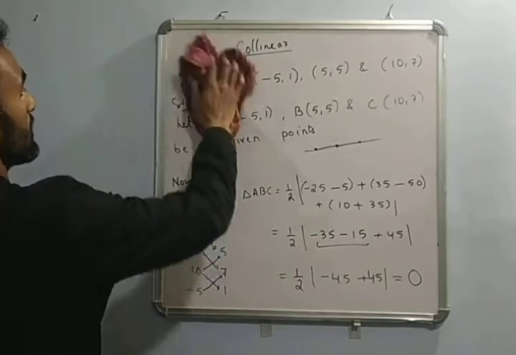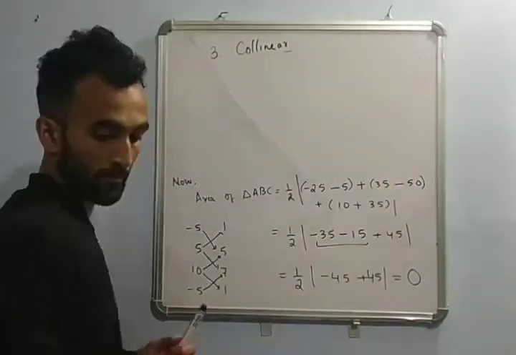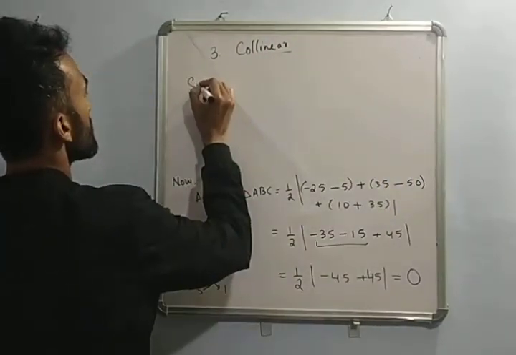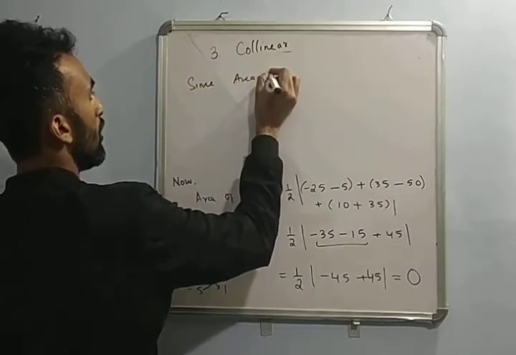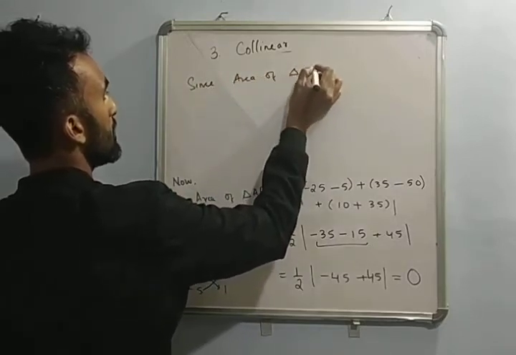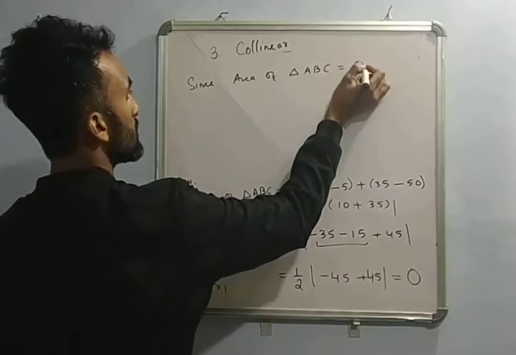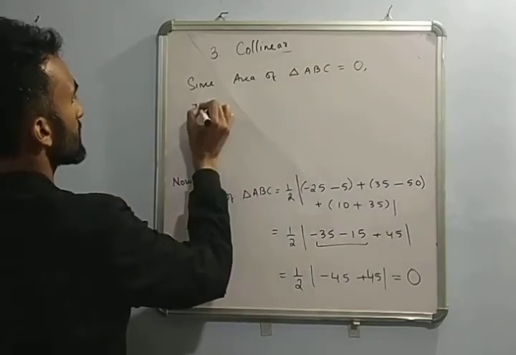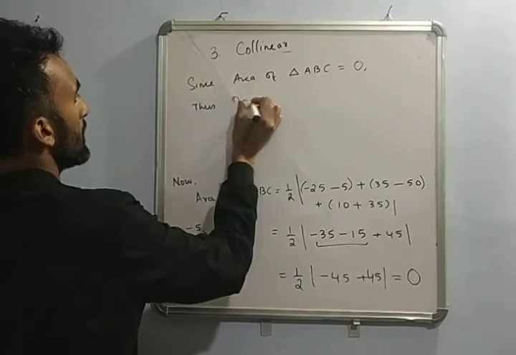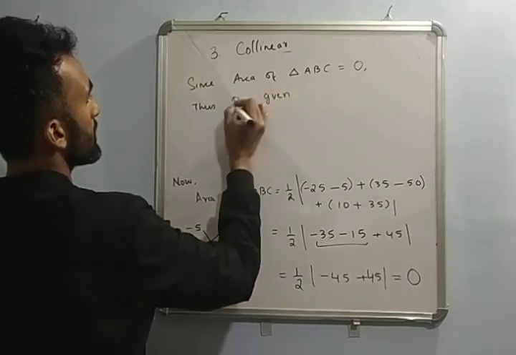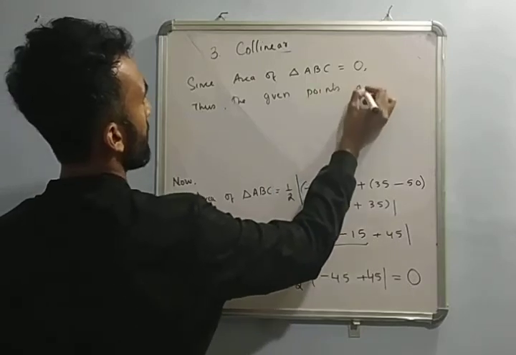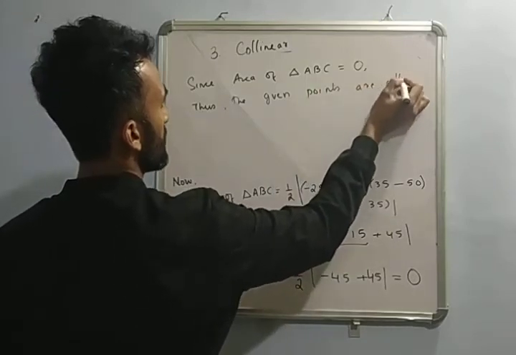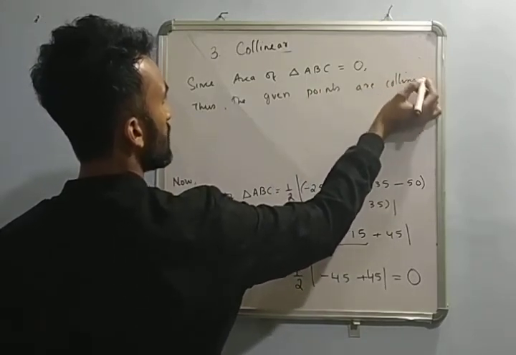Okay, so I'll write here: since area of triangle ABC equals 0, thus the given points are collinear. So this is how you have to conclude it.